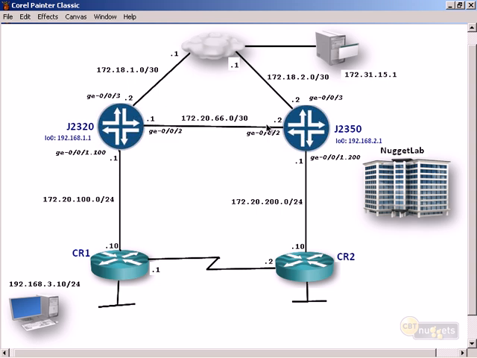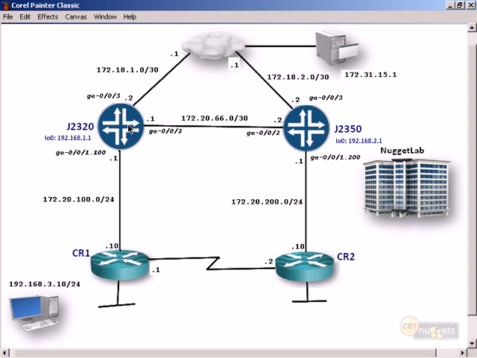We've got .1 and .2, and .3 would be the directed broadcast on this 66.0/30 network. So I'm going to focus on just this link right here. We'll go over and look at J2350 first and see the existing configuration, and then we'll configure J2320 and we'll start with that one.